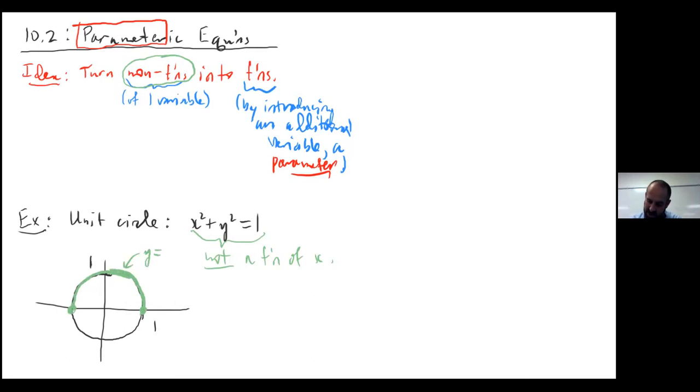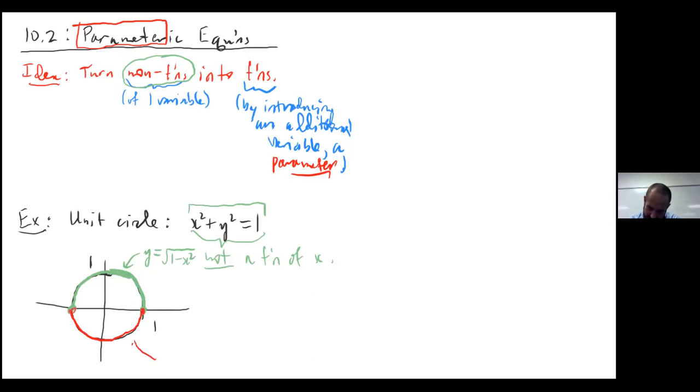I have this equation right here, yeah? y is equal to the positive square root of 1 minus x squared. But the problem is that only takes the upper part, yeah? The lower part, which is this stuff right here.